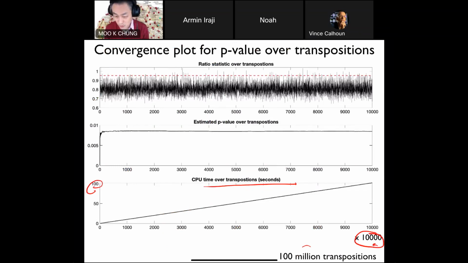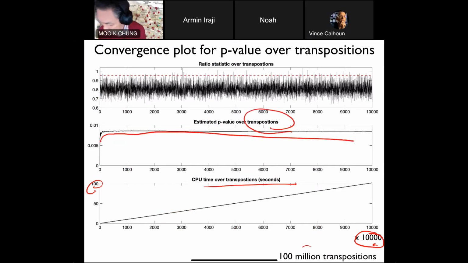Everything we do is scalable. Everything you do, you should be able to do on a laptop. All the computation done here is actually done on a laptop. This shows the stability, or the convergence, of the p-value over the number of transpositions.